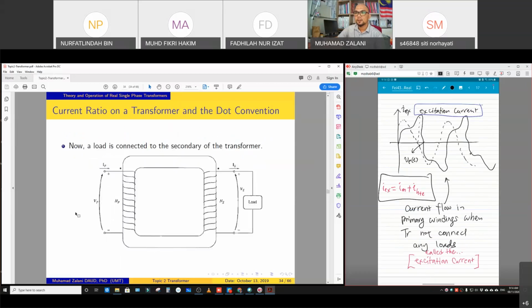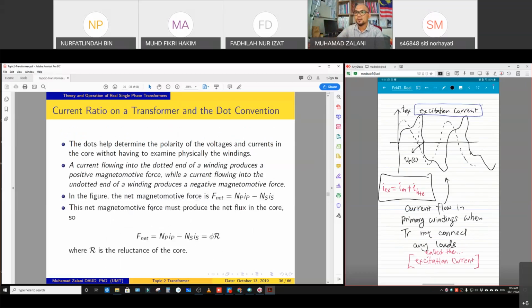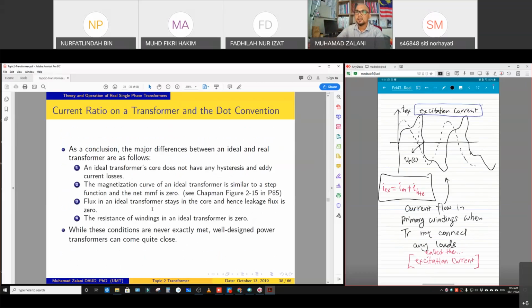So what is next? Okay, next we'll be moving on to the current ratio of a transformer and the dot convention. This is more formula that is the same as the formula that we discussed in the ideal transformer, but this one takes into account the real transformer.